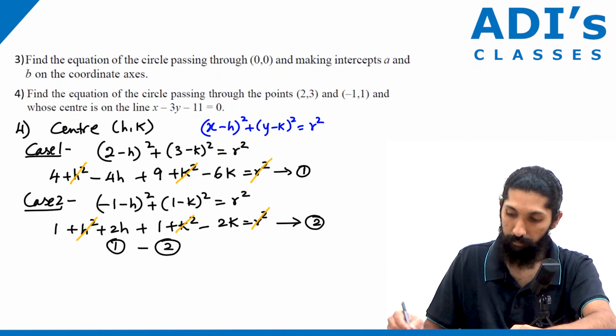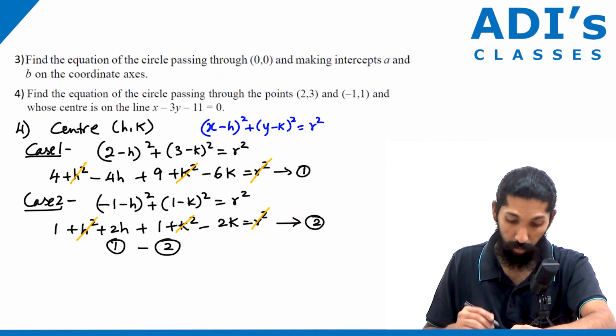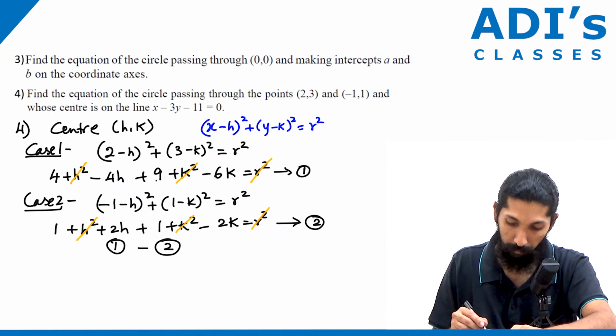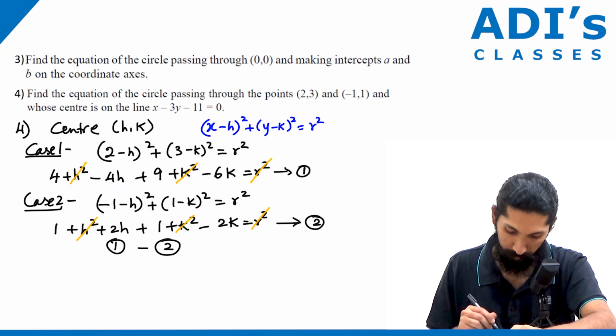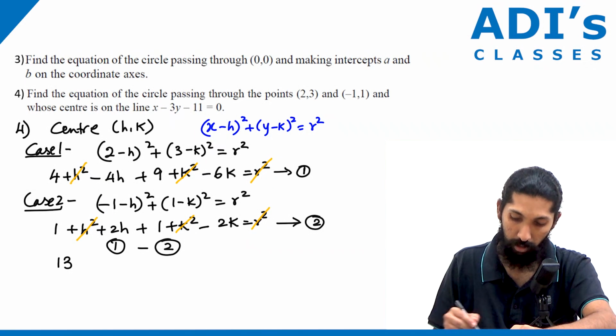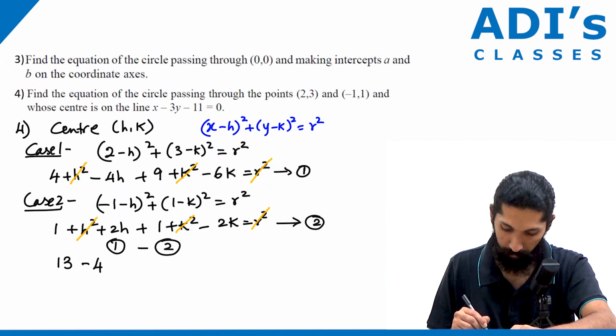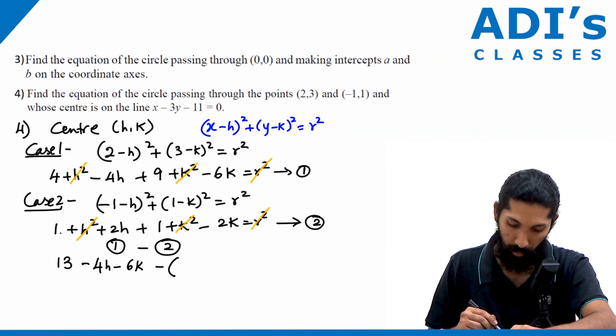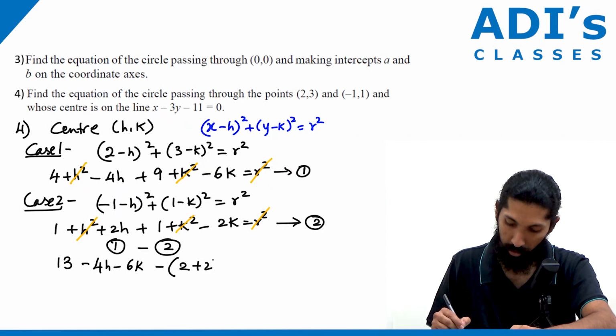So what remains? 4 plus 9, 13, minus 4h minus 6k, minus of 1 plus 1, 2 plus 2h minus 2k is equal to 0.